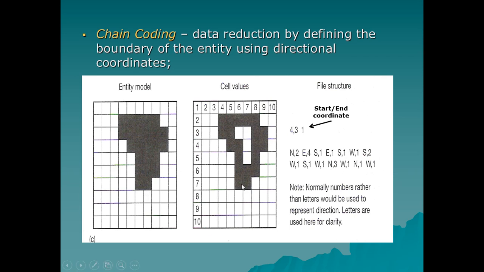So we're back here. 3 north, 1, 2, 3, 1 west, 1 north, and then 1 west, and we're back at our starting point.